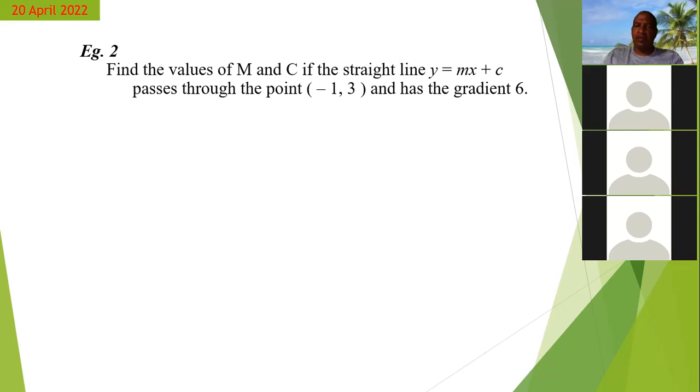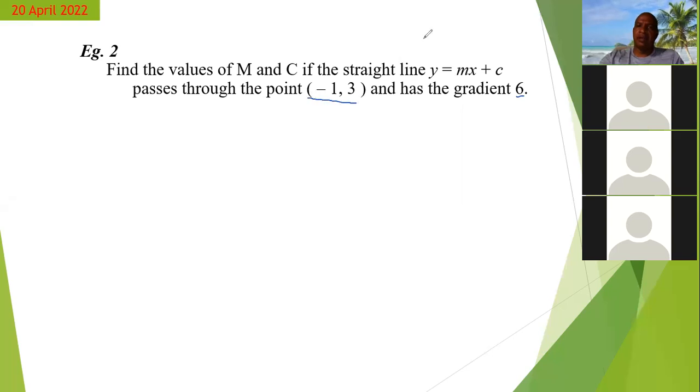So what do we know? And what can we do to find our equation? So we already have the value of the gradient. All right, so we know what the gradient is. What else do we know? 2 points. You mean actually 1 point?